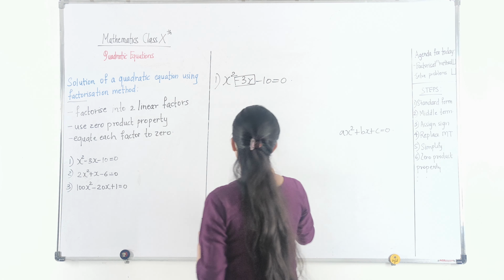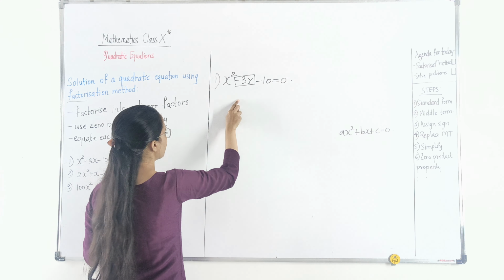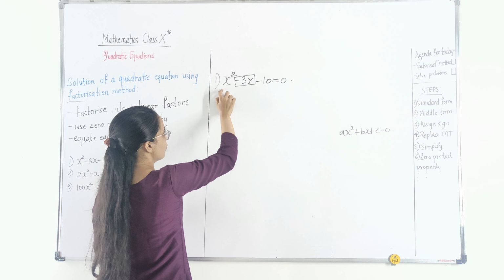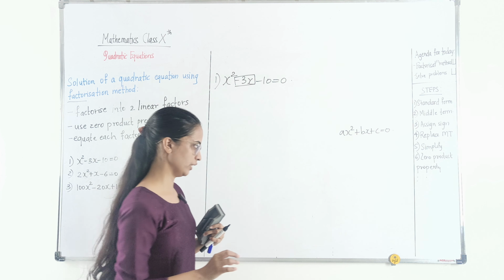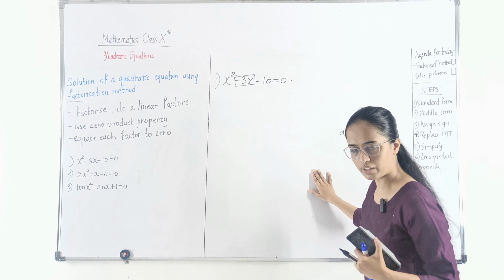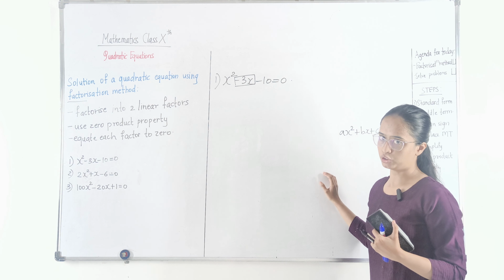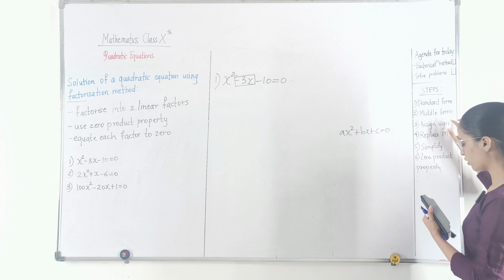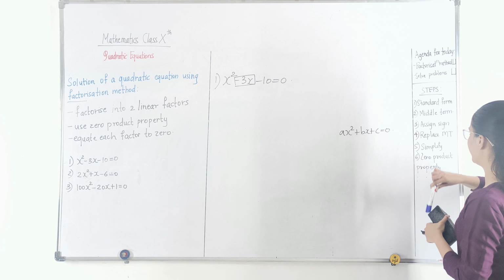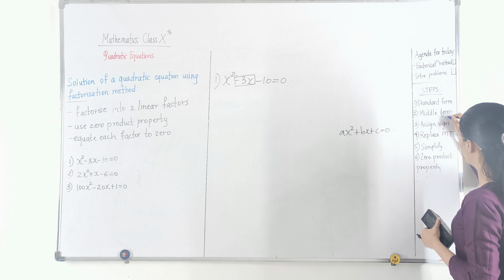For that, first you would be multiplying the coefficient of the first term and the constant term along with its sign. This, from now onwards, is supposed to be done in the rough work. So in step number 2, focus on the middle term, and you can also write here multiply.